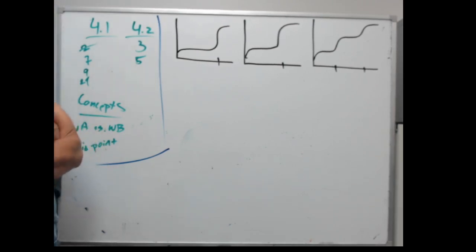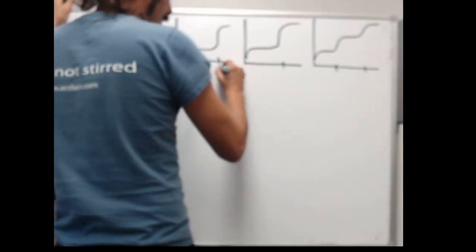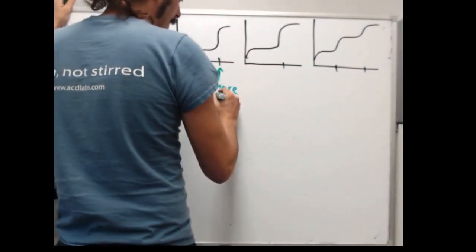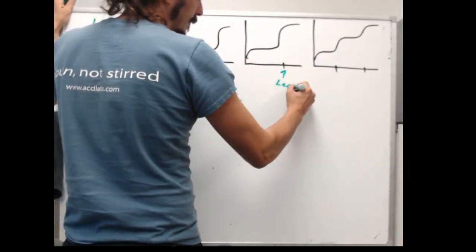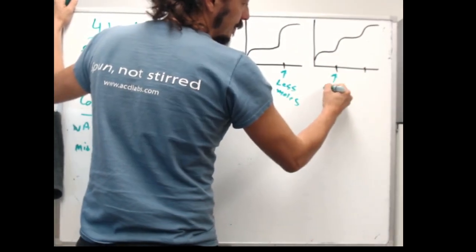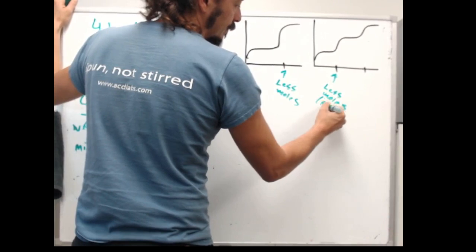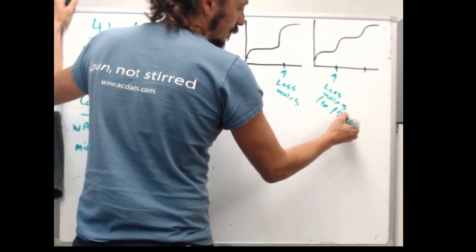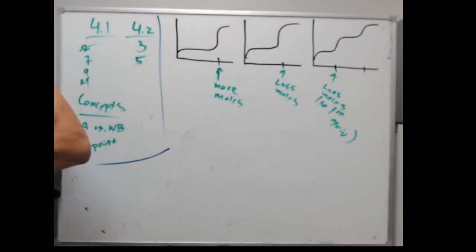Which curve corresponds to the highest concentration of analyte? Now, this one is tricky. This one's kind of a silly trick. Right, less moles to first equivalence.